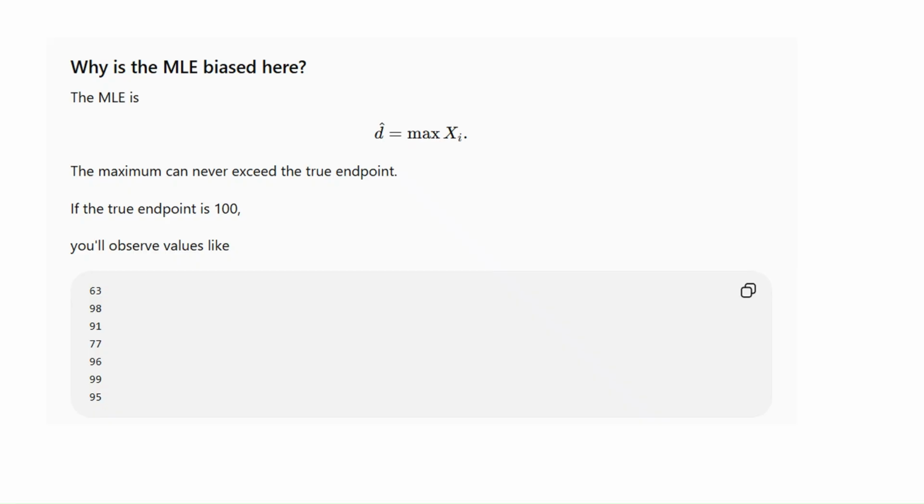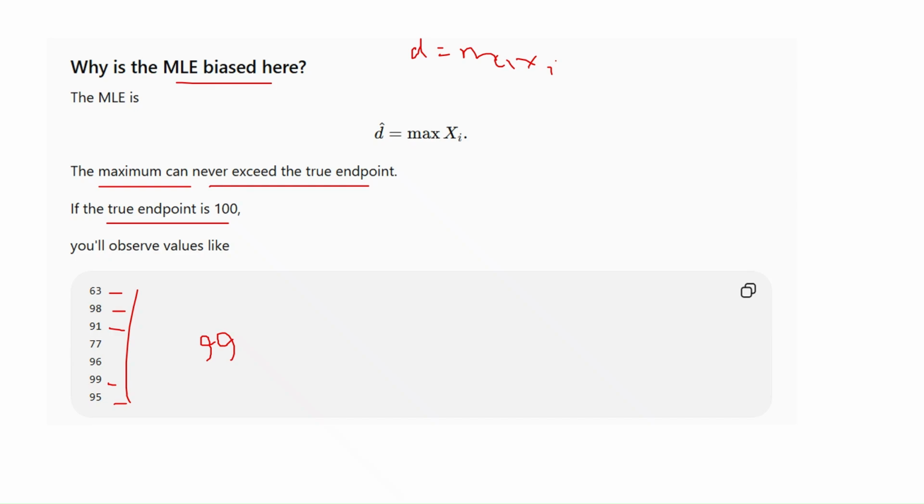In this question, the estimate is the maximum likelihood estimate which we saw, which was d equal to max of xi. Why is this biased? So the maximum can never exceed the true endpoint. Let's say the true endpoint was 100 and we observe values like 63, 98, 91, 95, and so on, we take the maximum of these. The maximum is still 98. It can never exceed the true endpoint, which is 100.